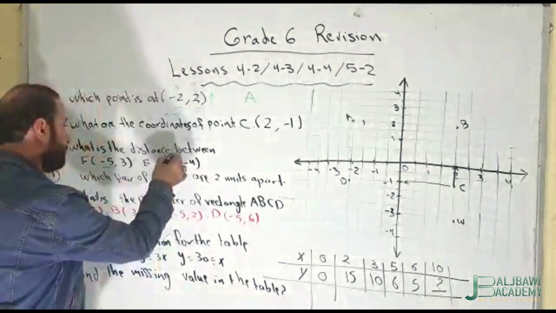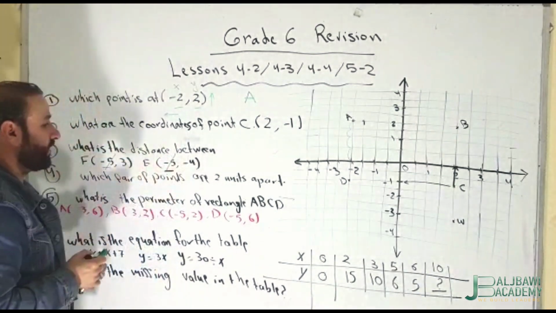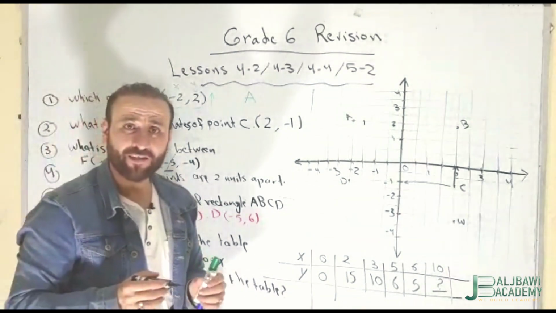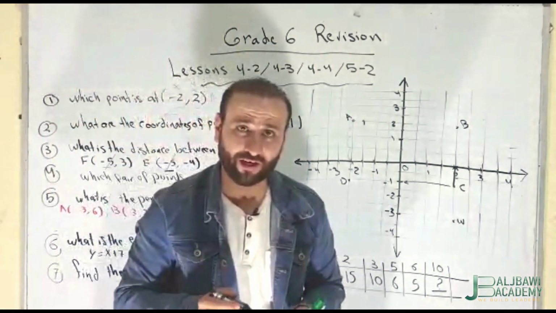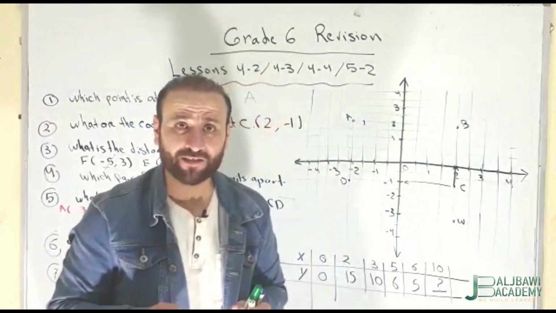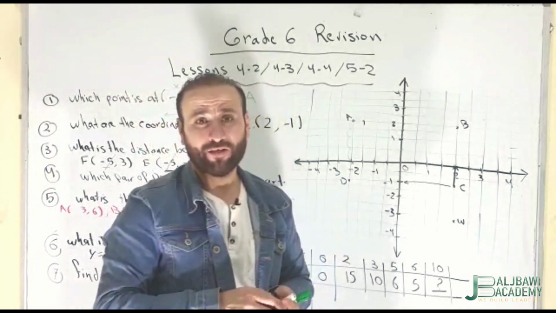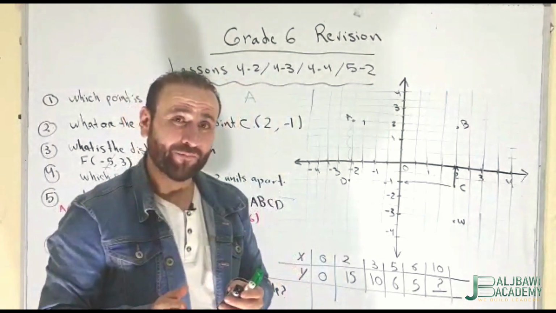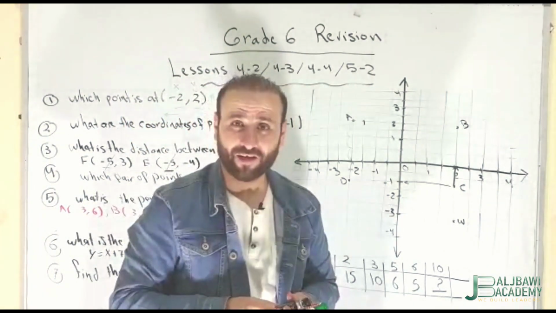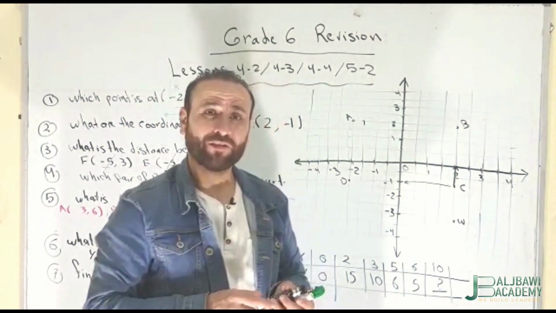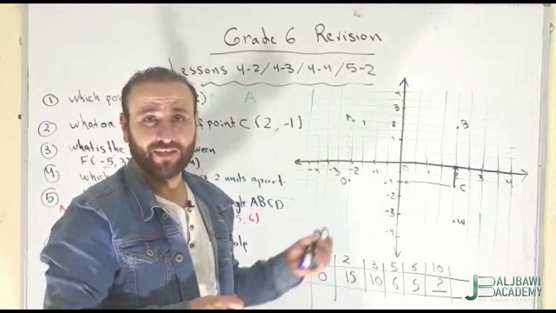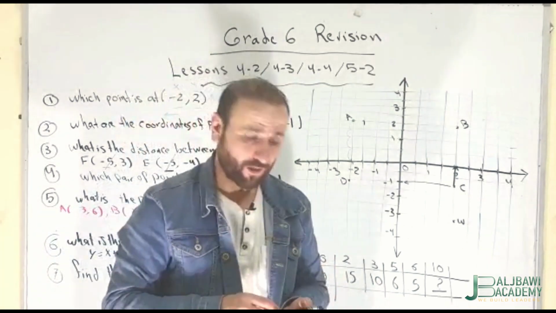So I cross them out. Now the y coordinates: if they have the same sign, I subtract their absolute values. If they have different signs, then I add their absolute values. Because if they have the same sign, they are in the same quadrant, but if they have different signs, they are in different quadrants.